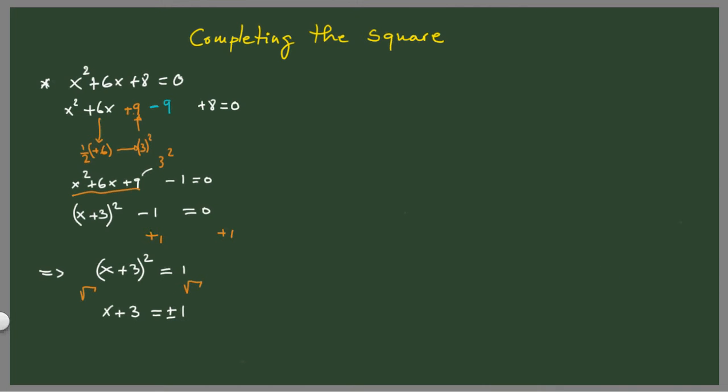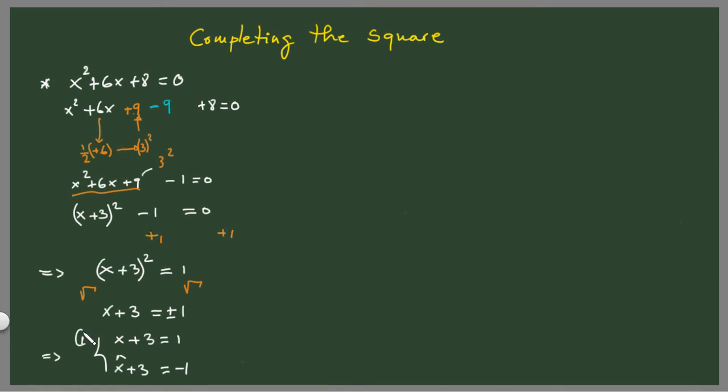And this actually means that we're having here two possibilities: x plus 3 equals 1, and x plus 3 equals minus 1, not either, but and, because both solutions belong to the equation.